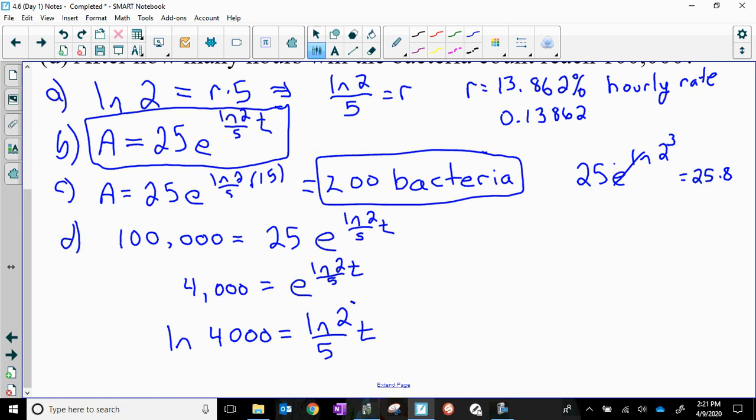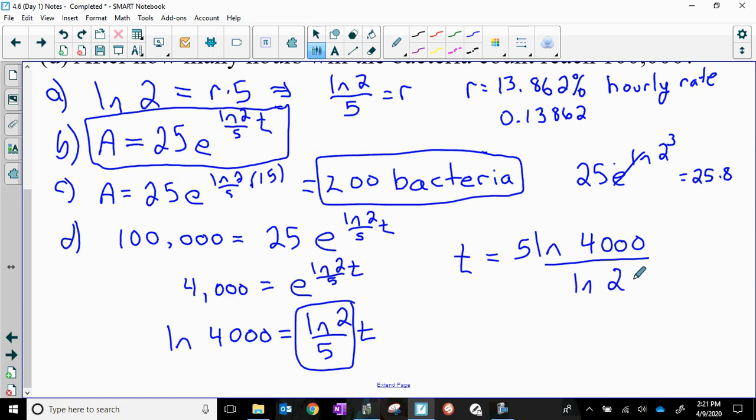So if I divide by my rate, my time now becomes the natural log of the ratio divided by our rate. And when you divide by a fraction, you can go ahead and multiply by the reciprocal. So if I realized it went from 25 to 100,000, I could have just put that quotient right here and immediately divided by the rate and been done with this.